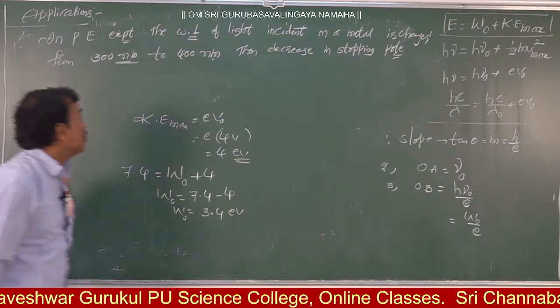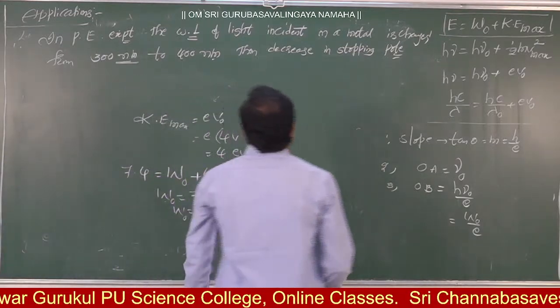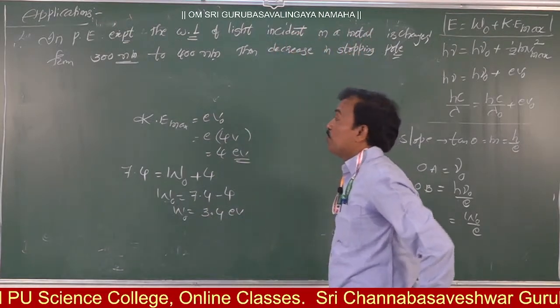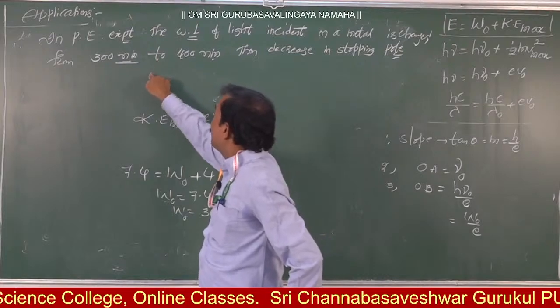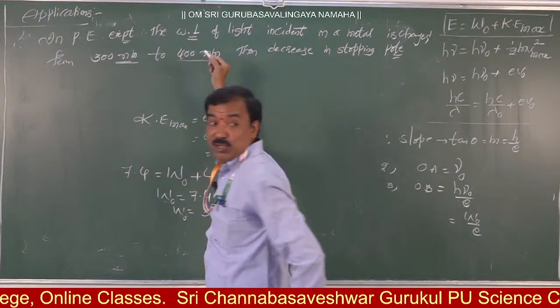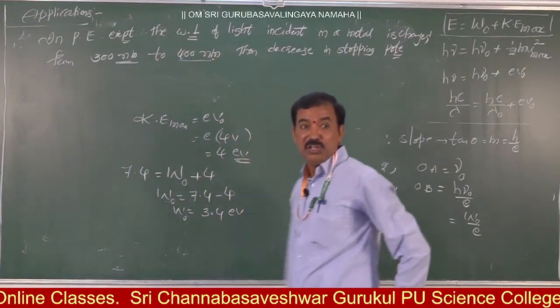In the photoelectric experiment, the wavelength of the light incident on the metal is changed from 300 nanometers to 400 nanometers. So you have to convert this value into angstroms. How can you convert?